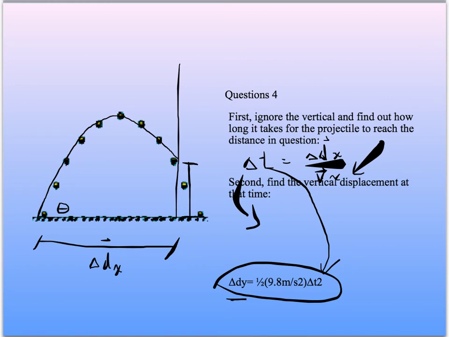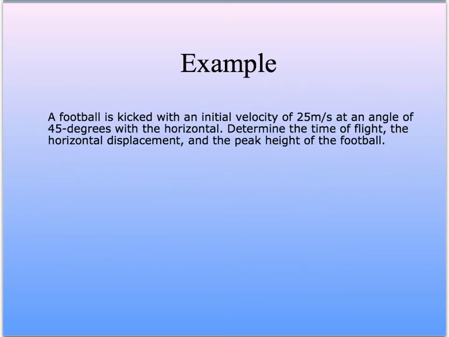And so let's do an example of that type. This question says a ball is kicked with an initial velocity of 25 meters a second at an angle of 45 degrees with the horizontal. Determine the time of flight, the horizontal displacement, and the peak height of the football.